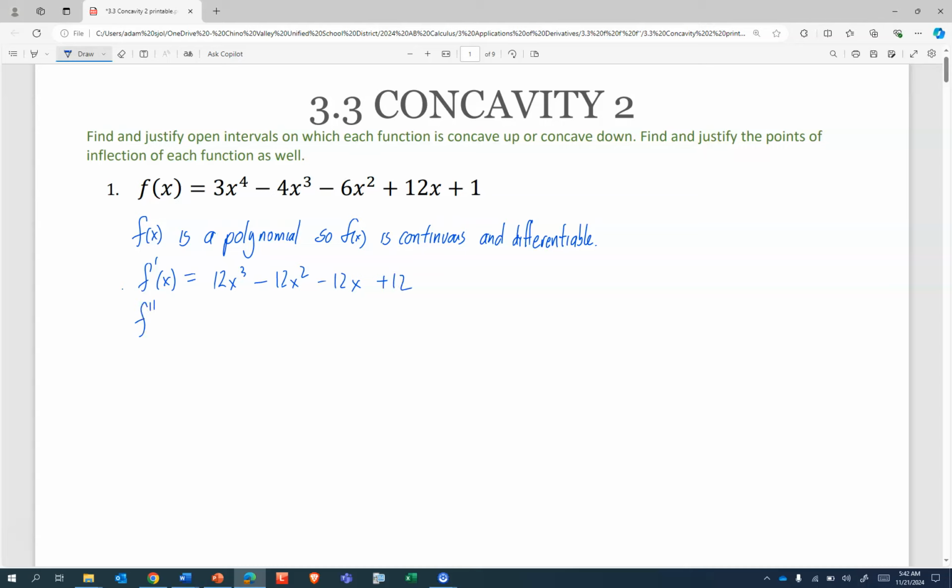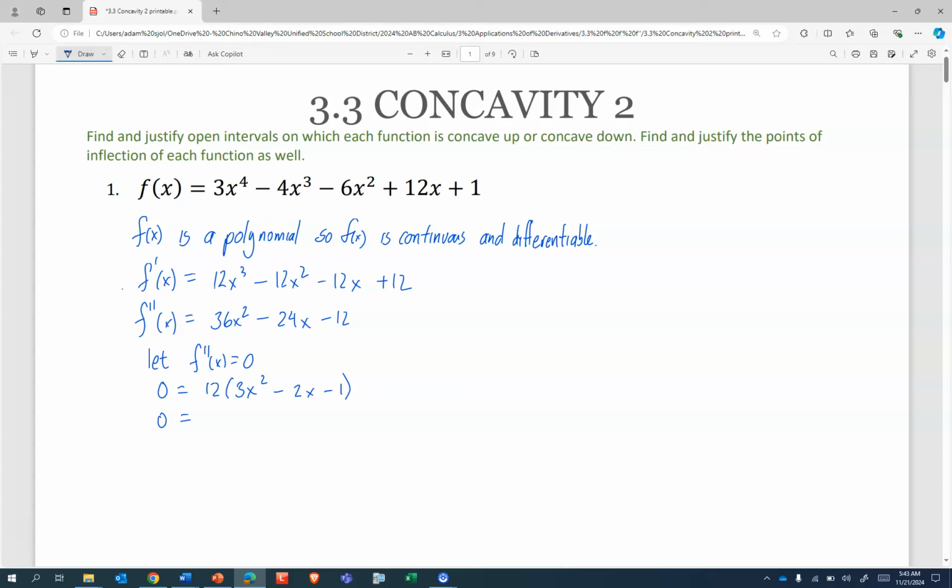And then f double prime is 36x squared minus 24x minus 12. So we're going to let f double prime of x equal 0. F double prime is always defined. We probably can't do this in our head, but I might as well factor out a 12 while we're at it, so we have a little bit easier: 3x squared minus 2x minus 1.